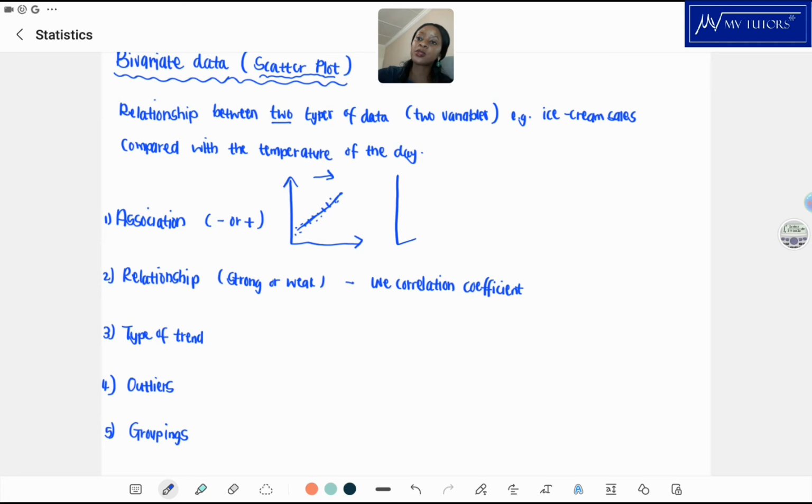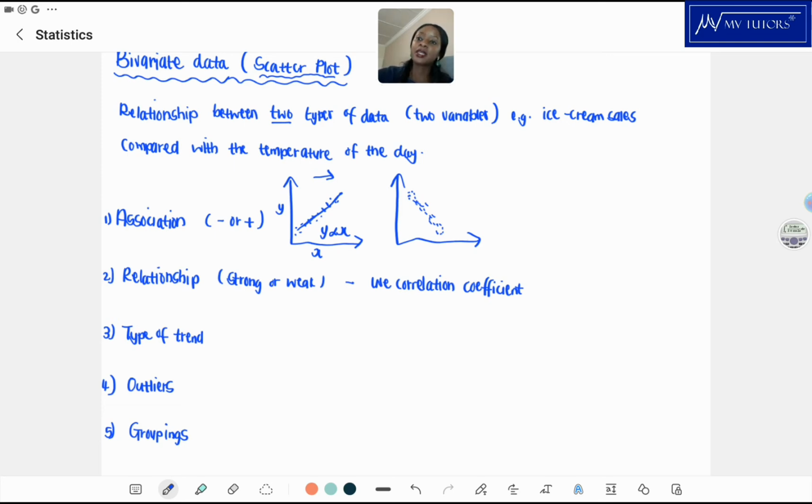And a negative association would basically do the opposite. So it does something like that. The variables that you have here, this is your x, this is your y. We would say that y is directly proportional to x, because as x is increasing, y will also increase.